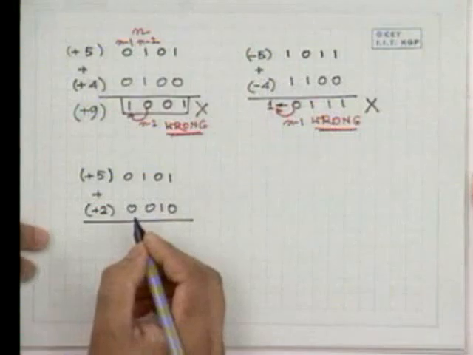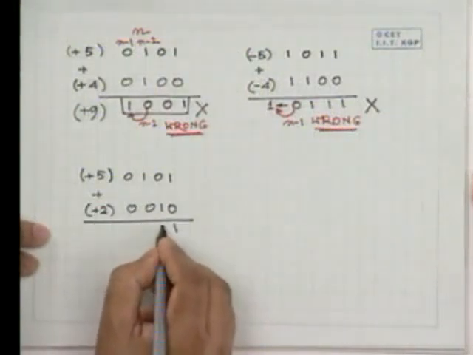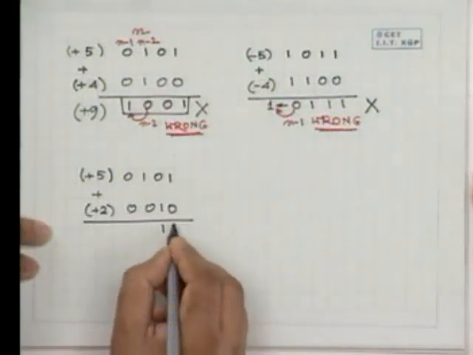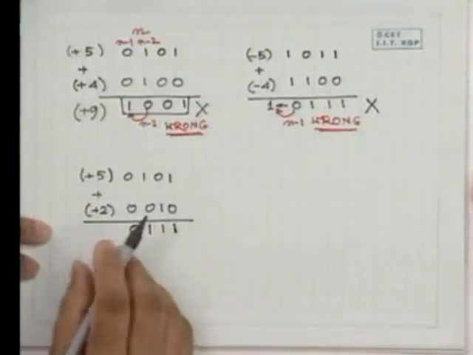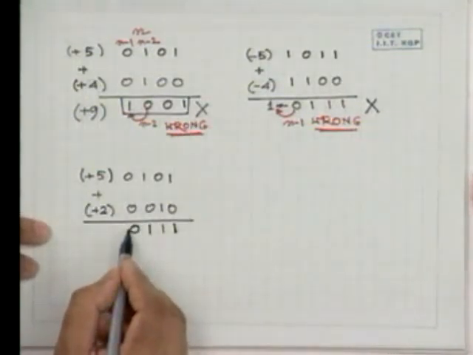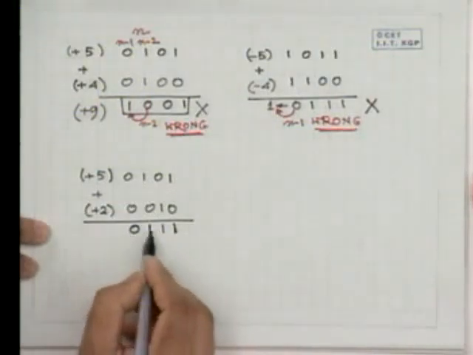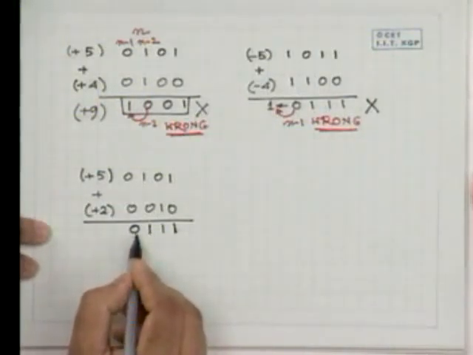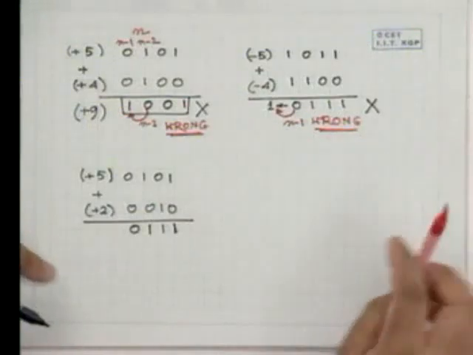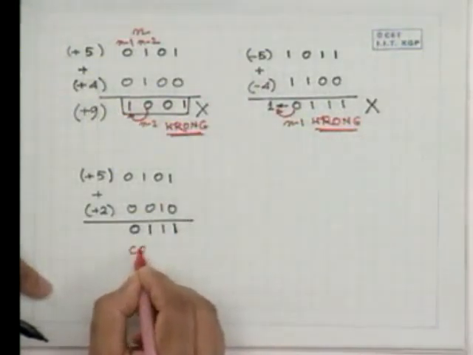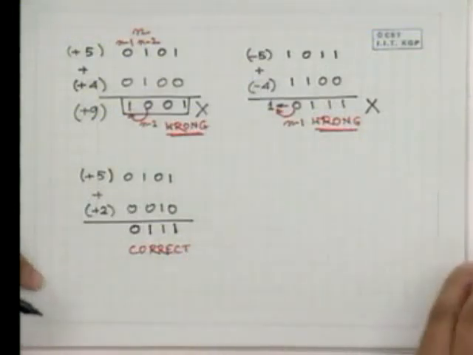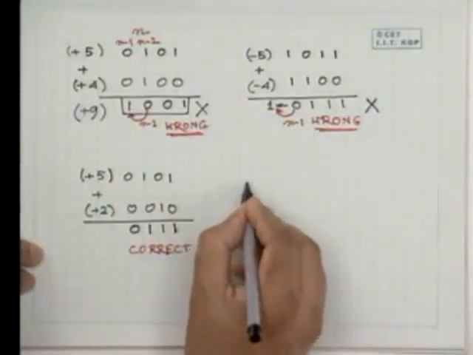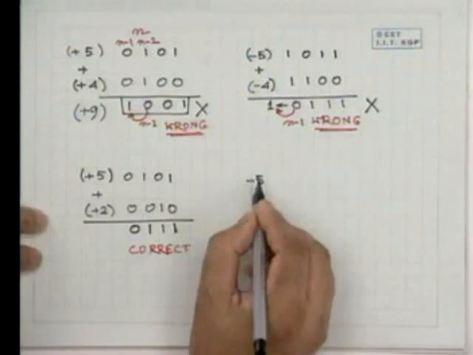Now if we add it, we get 1, 1, 1, 0. You see there is neither a carry out of this position nor a carry out of this position, and we find that the result is correct.